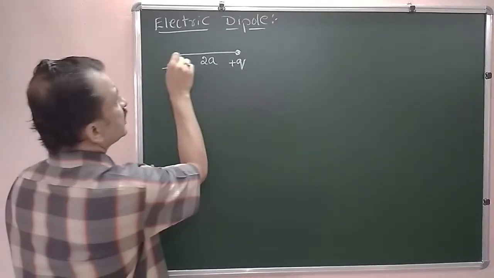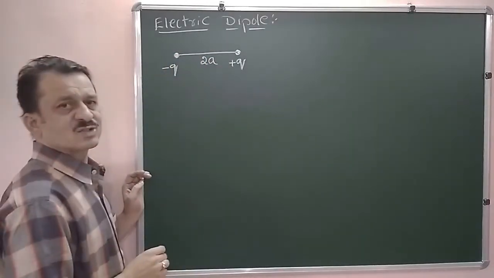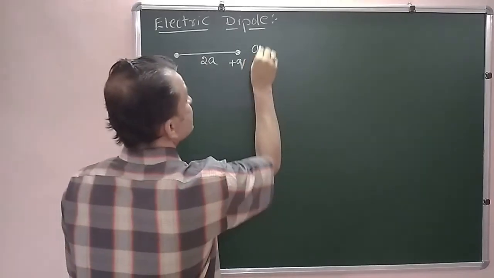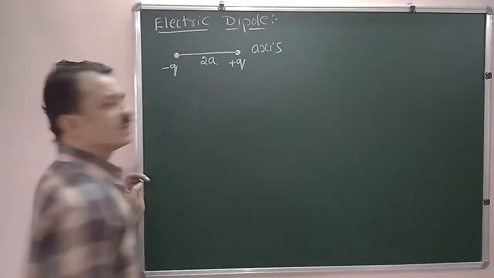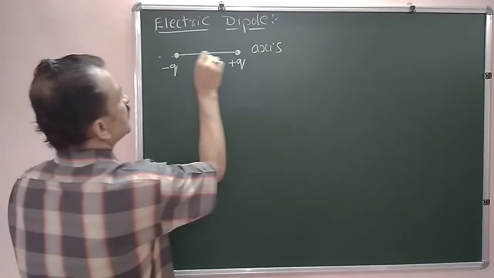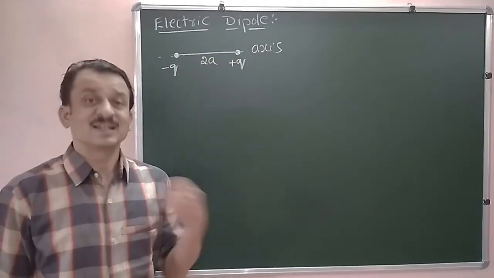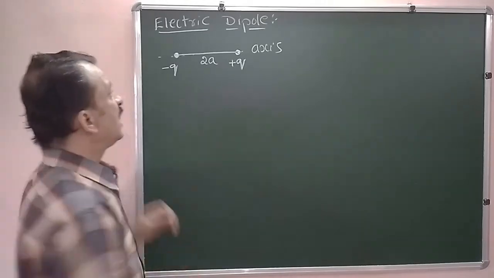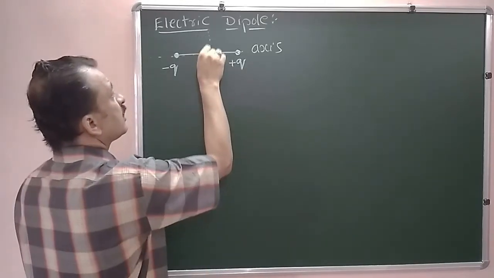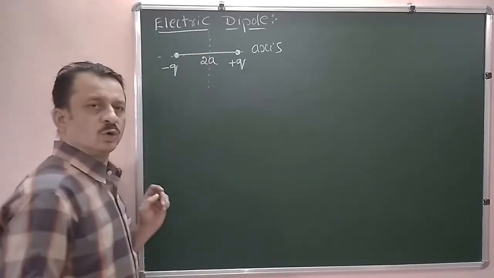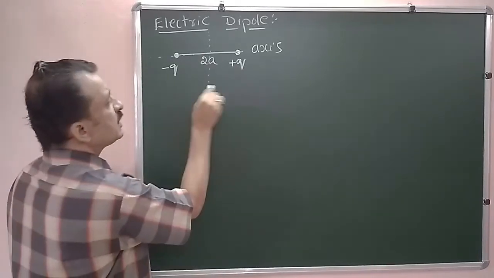Now the line joining the two charges is called the axis. This is called the axis of the dipole. The line passing through the axis is called the axial line, and the line passing perpendicular to the midpoint of the dipole is called the equatorial line.